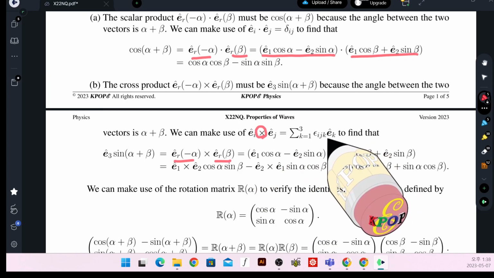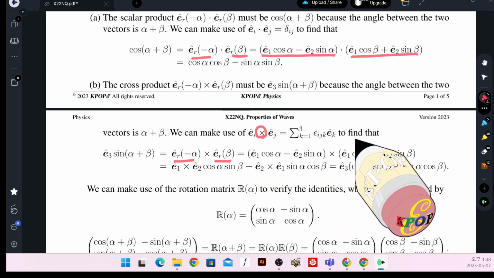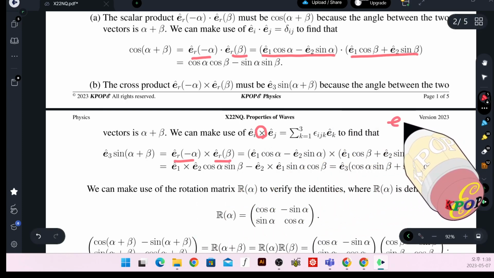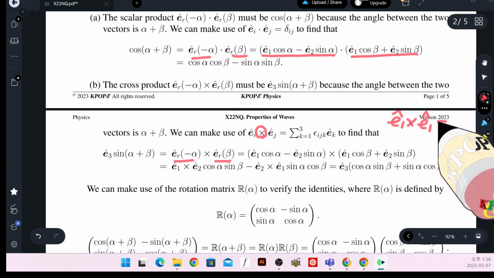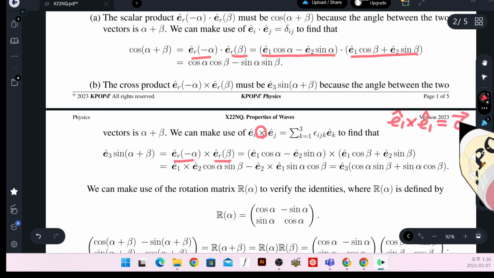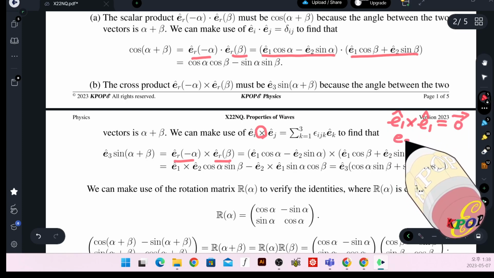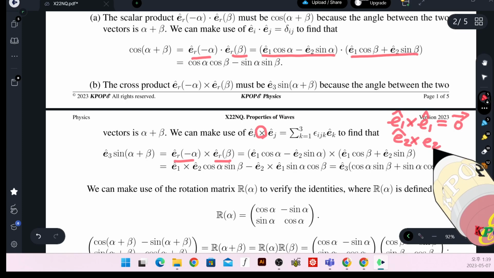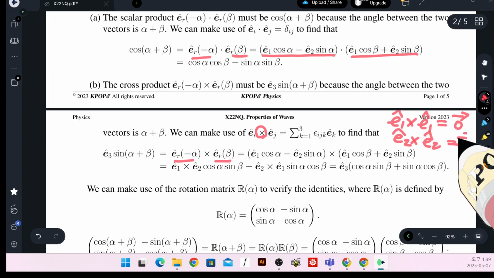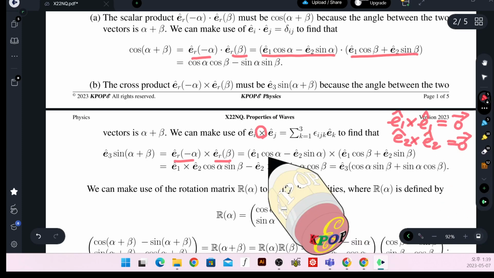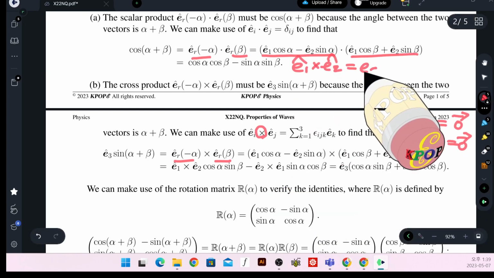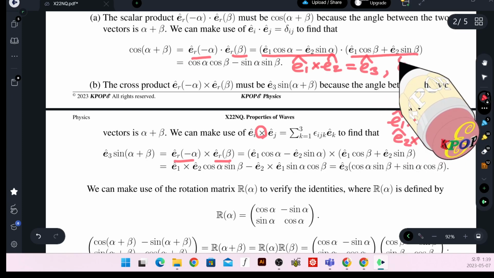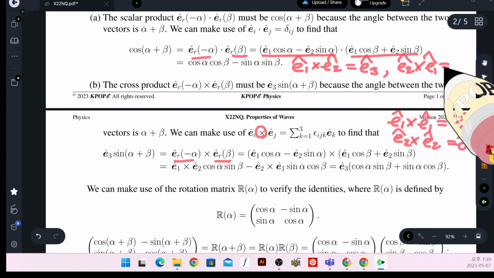Now we use this multiplication table. As you know, the cross product of parallel or anti-parallel vectors is 0. e2 cross e2 hat equals also the 0 vector. However, e1 cross e2 equals e3, and e2 cross e1 equals minus e3.